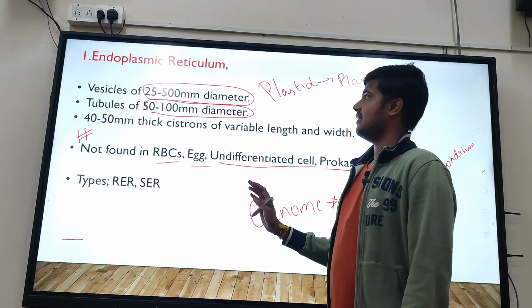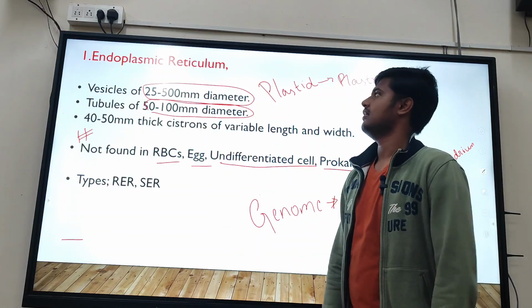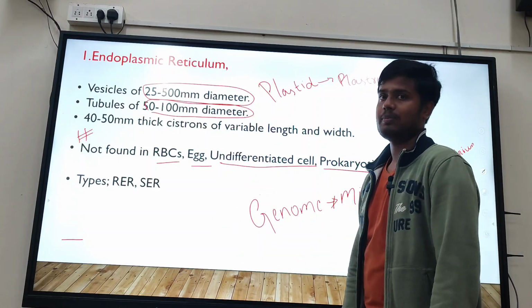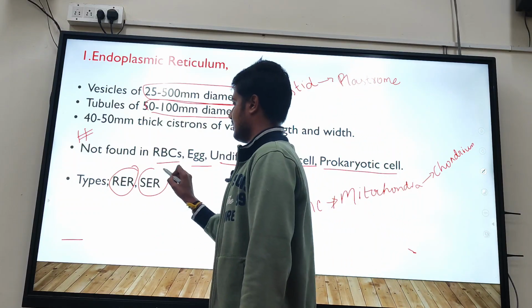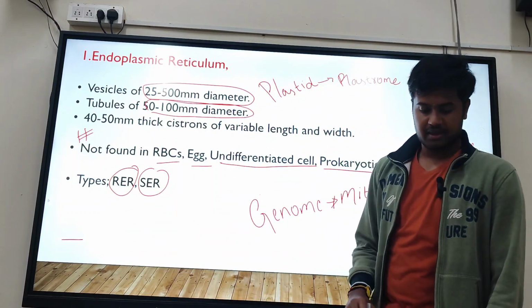There are two types of endoplasmic reticulum. The first one is rough endoplasmic reticulum, and the other is smooth endoplasmic reticulum.